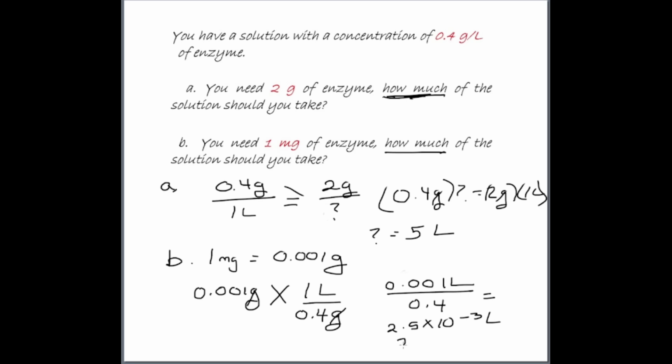And I also do know that that is the same thing as 2.5 mils. And I would want to do that conversion, 2.5 times 10 to the minus 3 liters equals 2.5 mils, because I can relatively easily measure 2.5 mils in the lab using ordinary equipment.